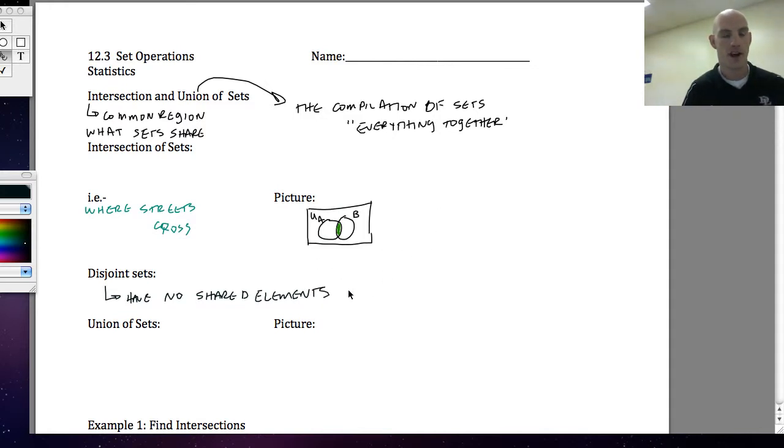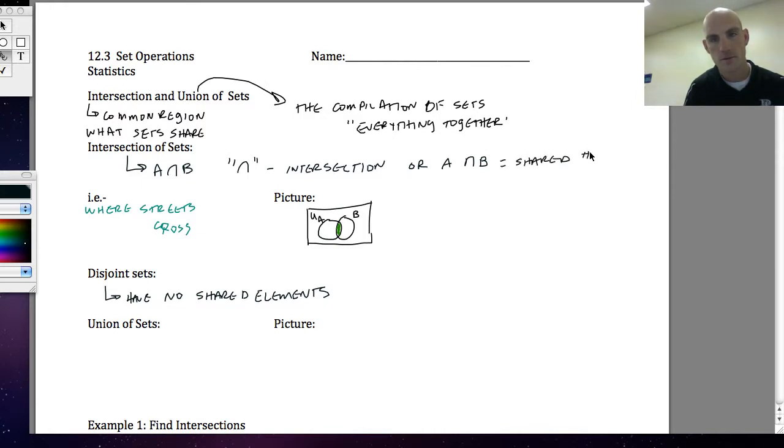So for example, when I was talking about where streets cross, what I might say is the intersection of sets is A and B. So this ∩ symbol means intersection, or "and". A ∩ B equals shared numbers or elements.